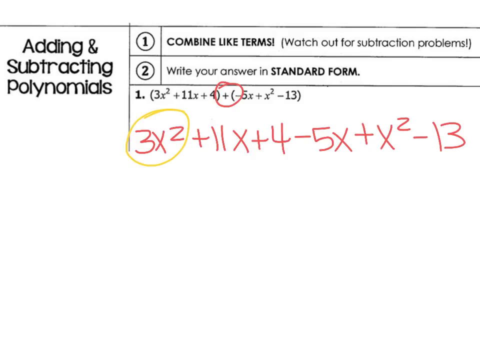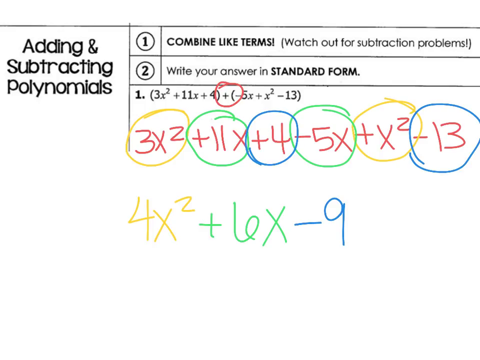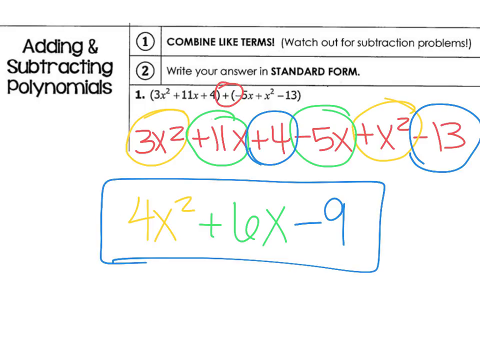We've got 3x squared plus x squared. That's going to give us 4x squared. Then we've got 11x minus 5x. That's going to give us 6x. And then last but not least, 4 minus 13 is going to give us negative 9. And there's our solution. It's written in standard form, and we're done.